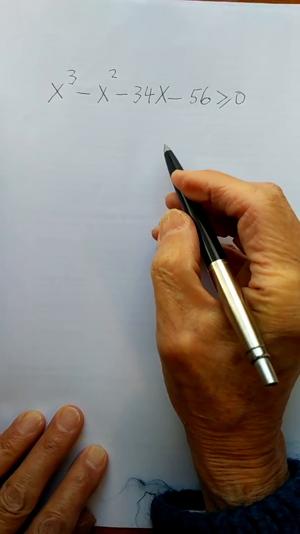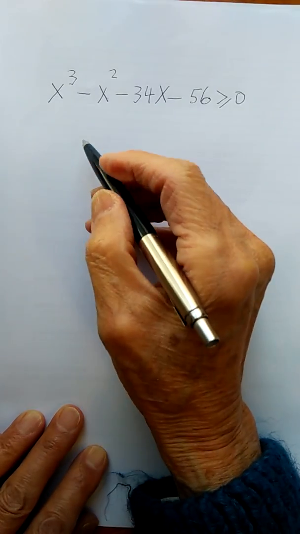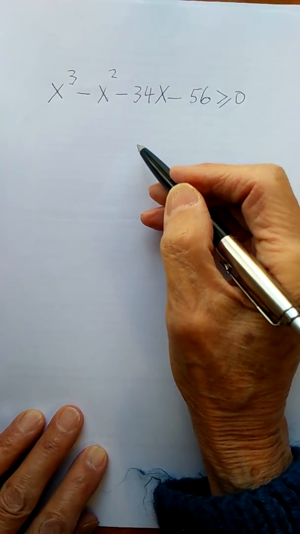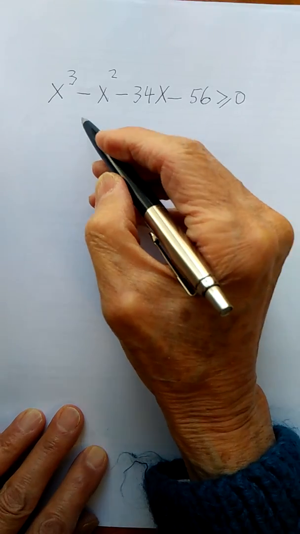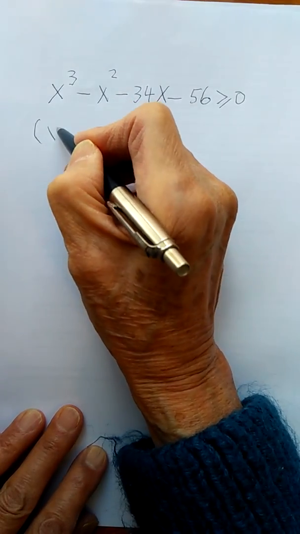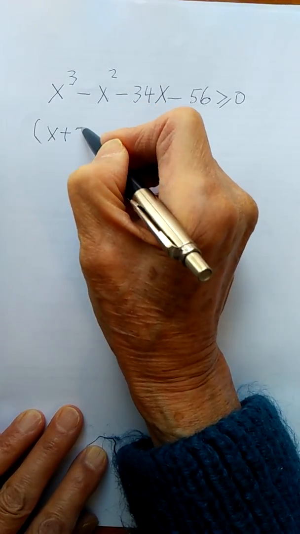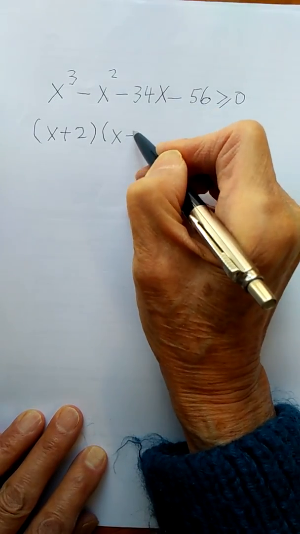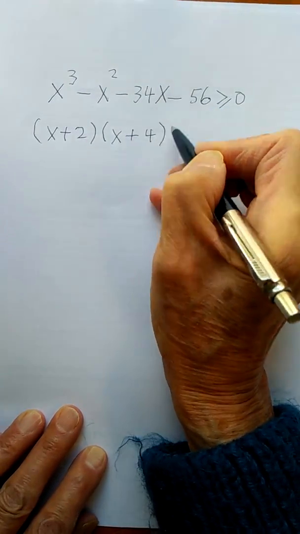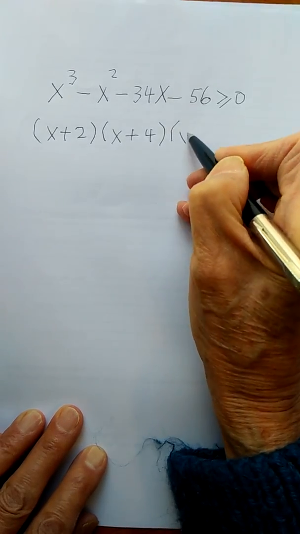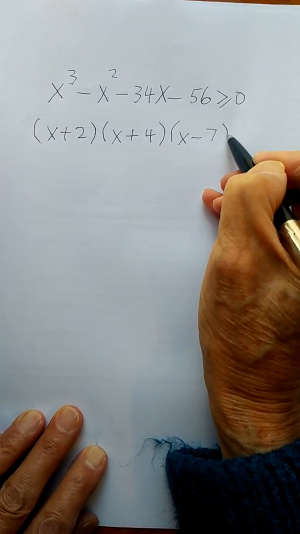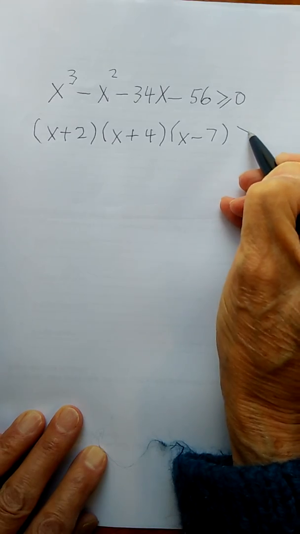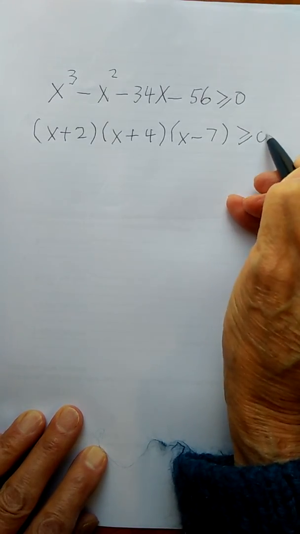As before, we need to factor this. I'm not going to show you the details of factoring, but the result is (x + 2)(x + 4)(x - 7) larger than or equal to 0.